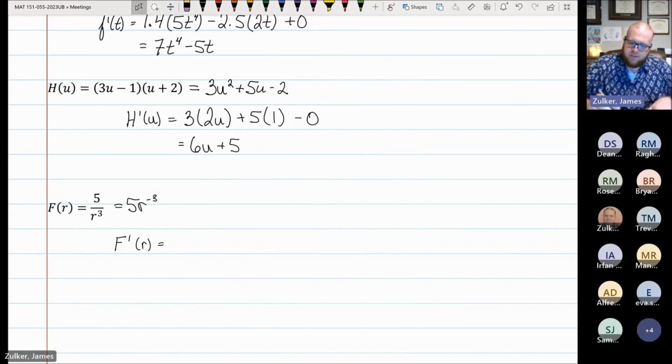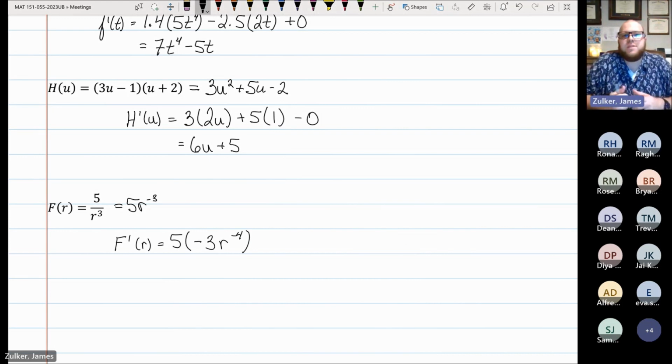F prime now would be 5 times the derivative of r to the negative 3. Power rule. Bring the exponent down, negative 3, times r. Now subtract 1 from the exponent. Negative 3 minus 1, which is negative 4.